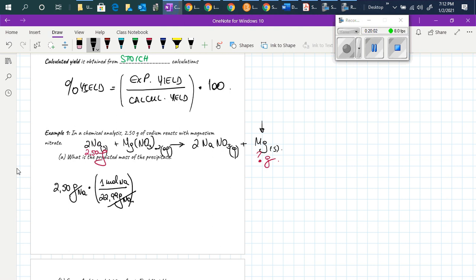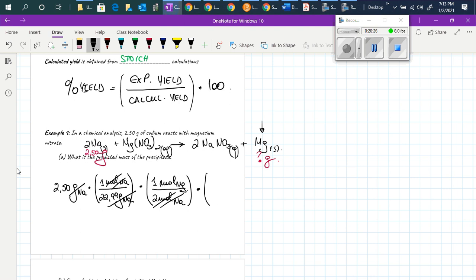So grams of sodium cancel out. Now we move to the unknown because we have moles of sodium. So 2 moles of sodium is 1 mole of magnesium. So moles of sodium cancel out.